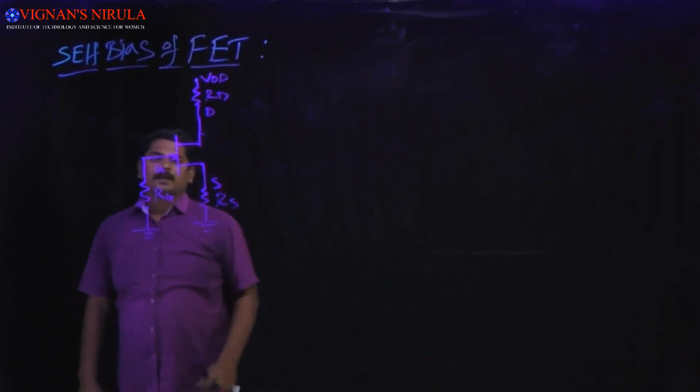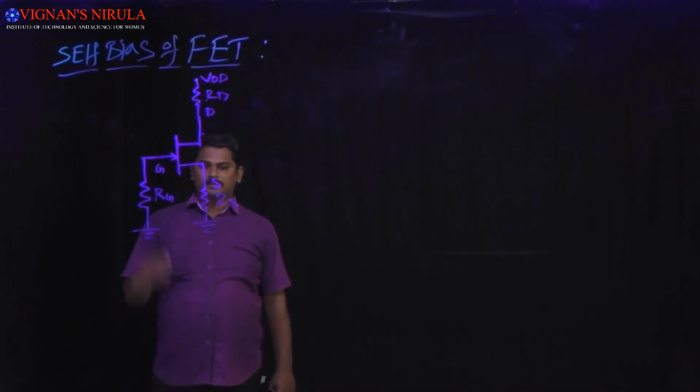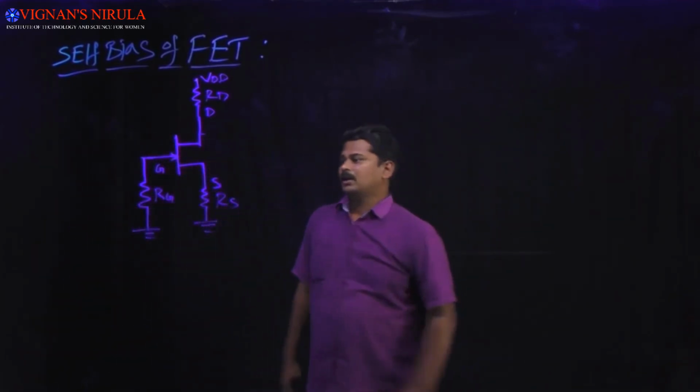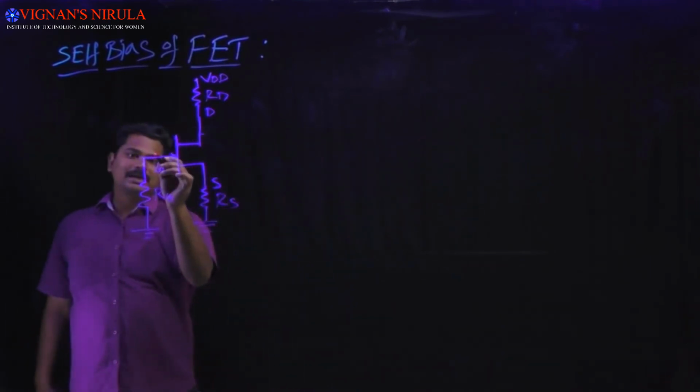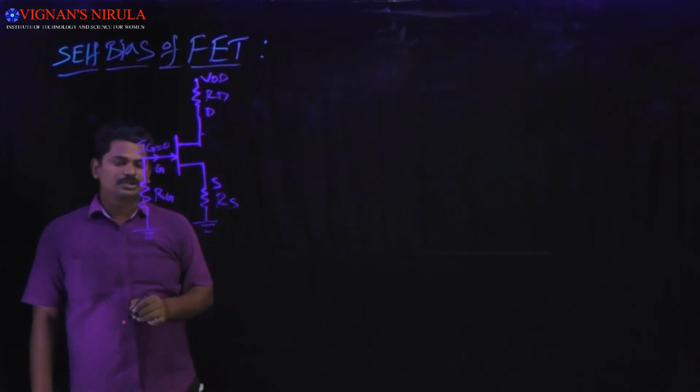You see the analysis of self-bias field effect transistors. From the input and output side, we can get it by applying the Kirchhoff voltage laws. Here the gate current IG is equal to 0.